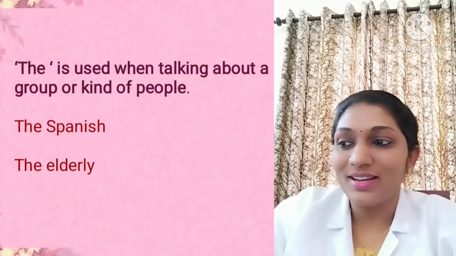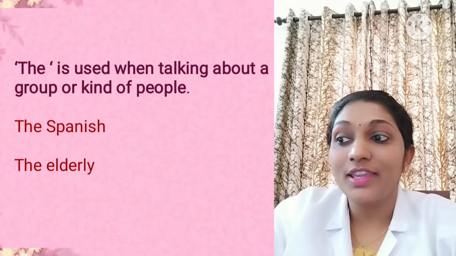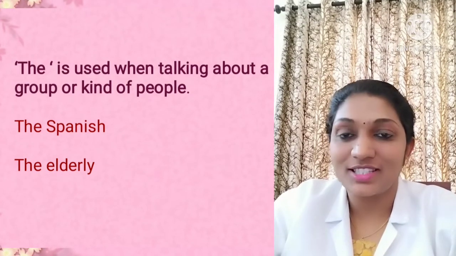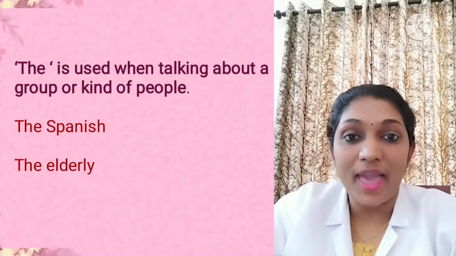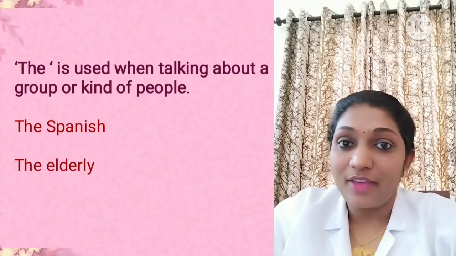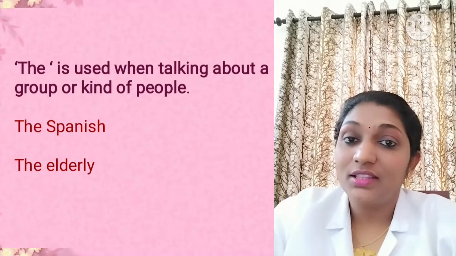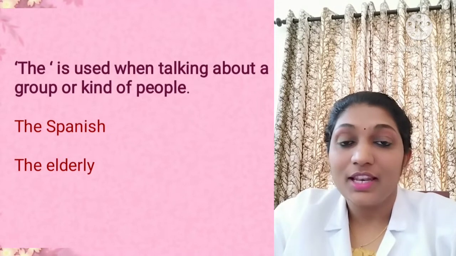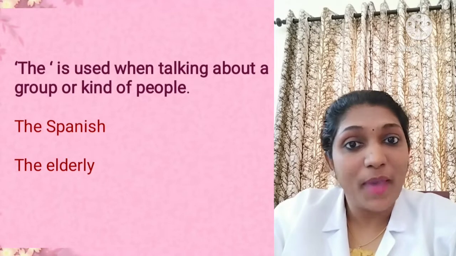The next one, the is used when talking about a group or kind of people. For example, the Spanish, the elderly. Here the Spanish. Spain, have you heard of the country Spain? The people living in Spain, the group of people. Okay, living in Spain, they are called as the Spanish.